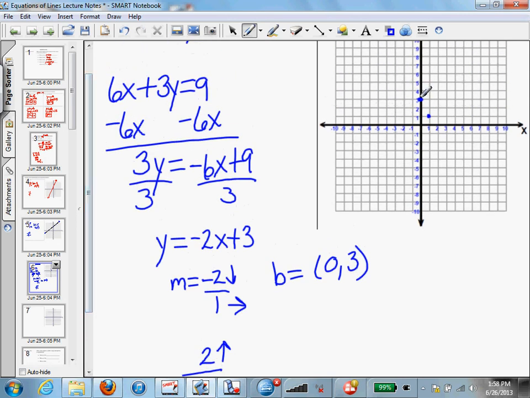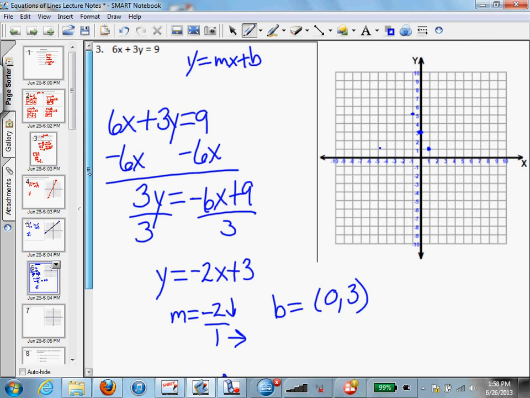And if we were to plot that, go up 2 and to the left 1, excuse me. And there's the other point. So now what we can do is use our graphing tool here and graph these points, connecting them best that we can. And then adding arrows to the end to show that the line goes on forever.